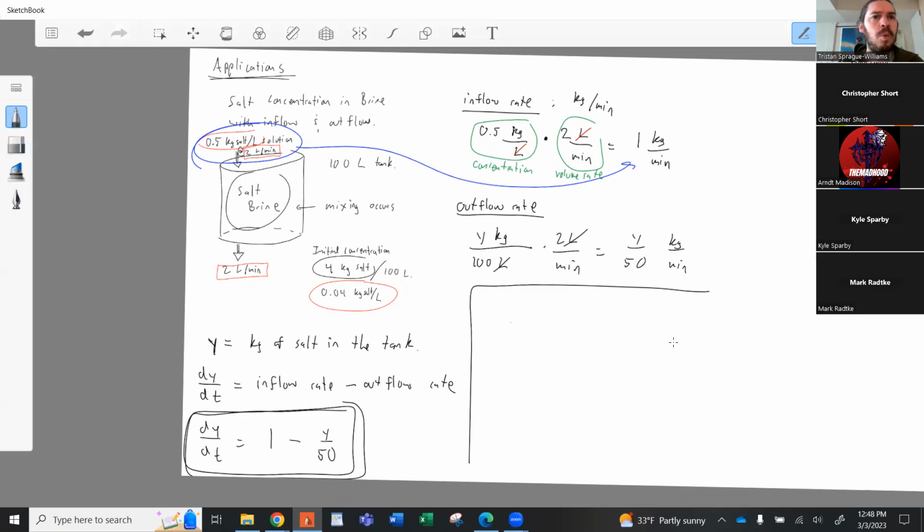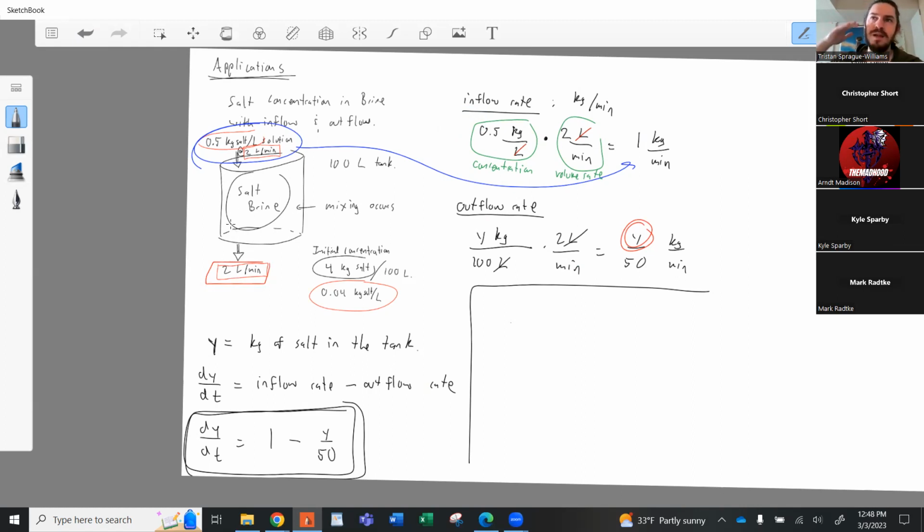But before we do that, why is it y? Do you mean, Braden, are you asking about why it is y right here? Yes, here. Okay, it's because to figure out how much salt is leaving the tank every minute, it depends on the current concentration of salt in the brine.